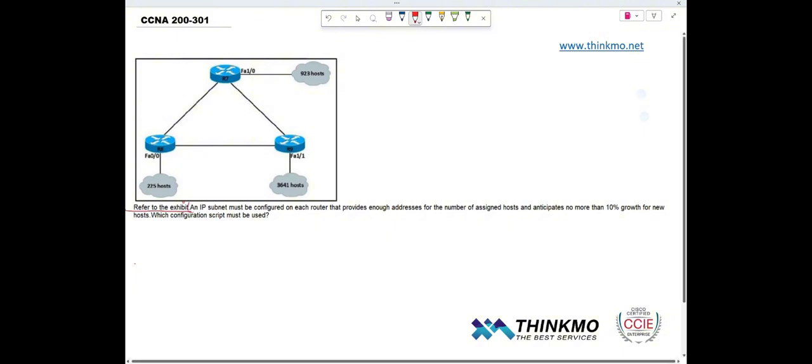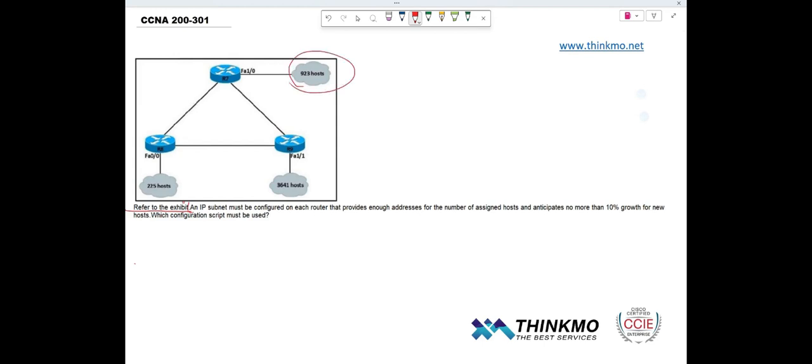Then we must configure a subnet. These three subnets must meet this condition. How many hosts are there? There are 923 hosts here.